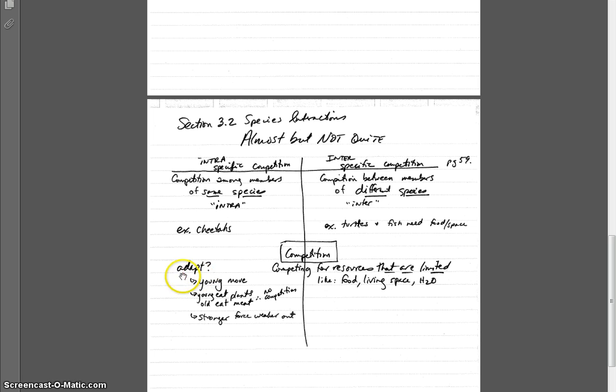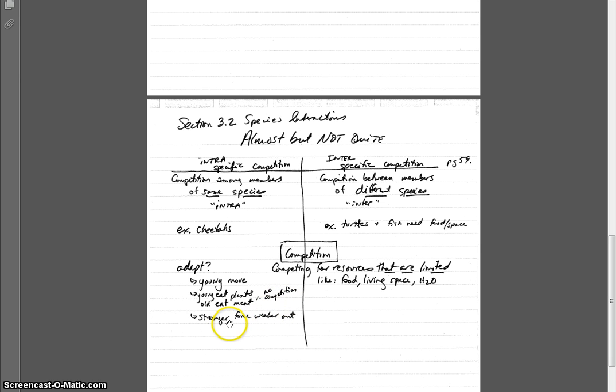And then your book also goes into, if there's a scenario of intraspecific competition, how do those species adapt? And they give 3 examples. The young could move, or the young and the old can choose to eat different things, like the young could eat plants and the old of a species might eat meat, so it limits competition.